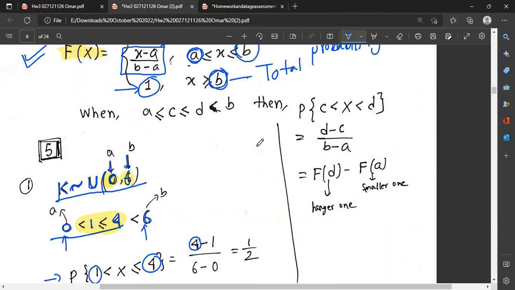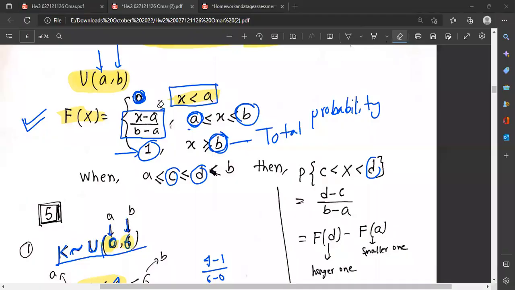We let these be C and D. Okay, just a moment. The real confusion here, if you have a closer look at the interval, is that the formula x minus a by b minus a is for when x is greater than or equal to a and less than or equal to b, right?